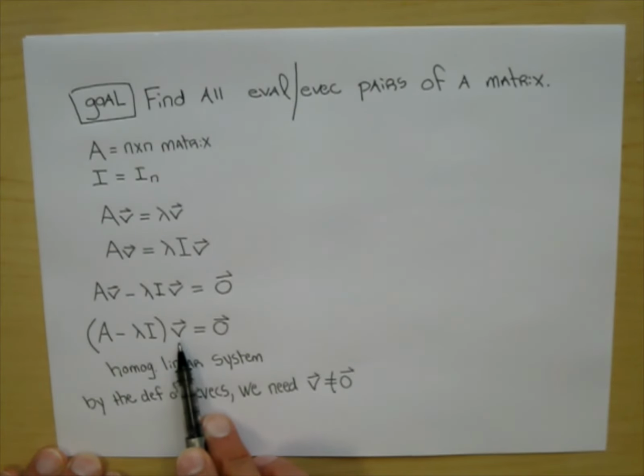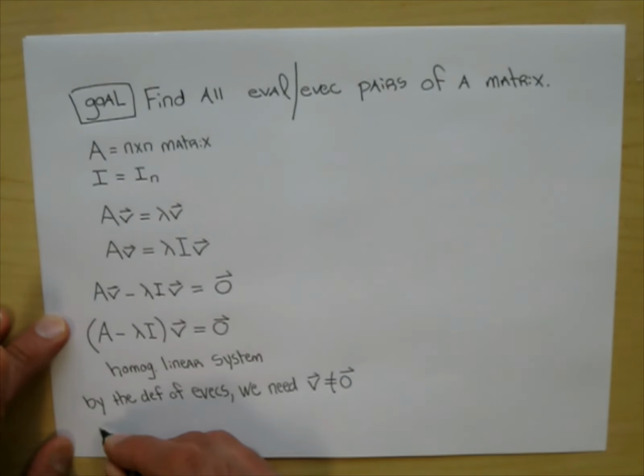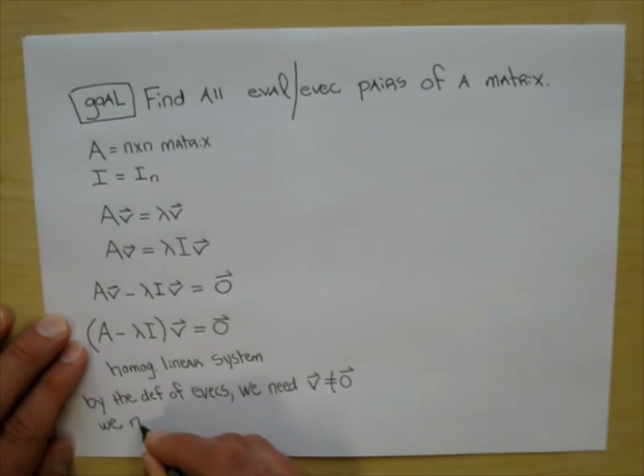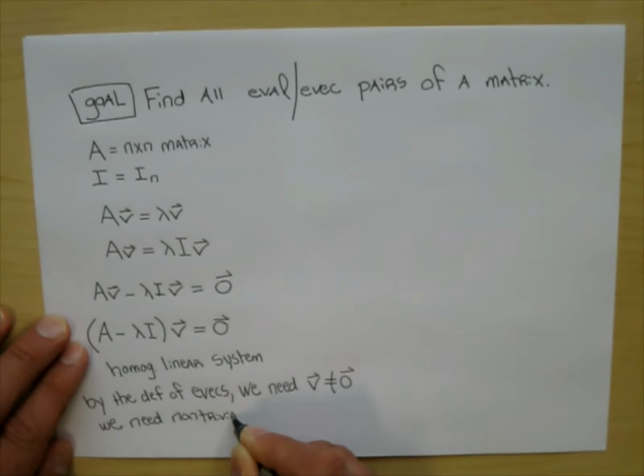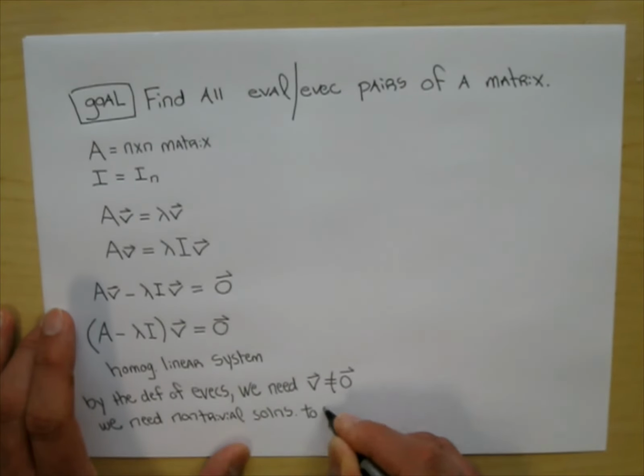The eigenvector could never be the zero vector. So by the definition of eigenvectors, we need this v not to be the zero vector, which means we need more than one solution. We need some non-trivial solutions to this system.